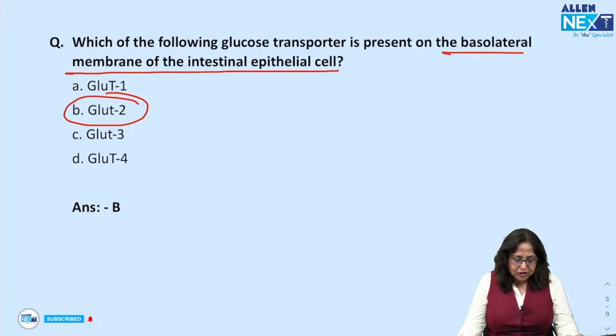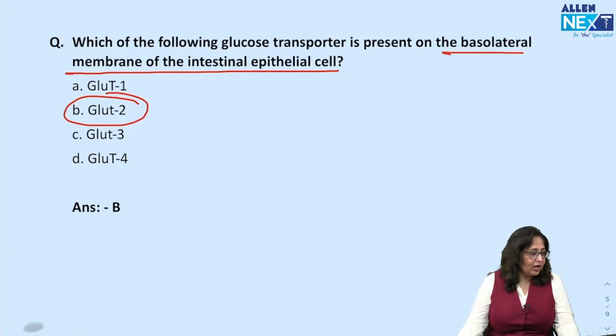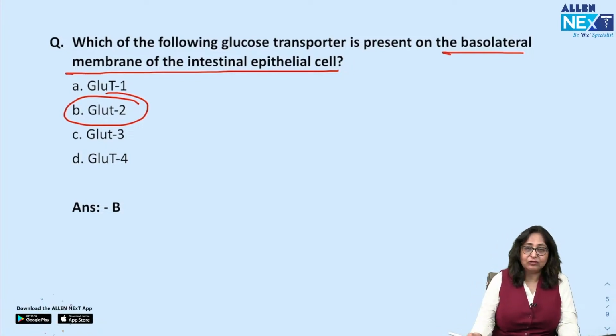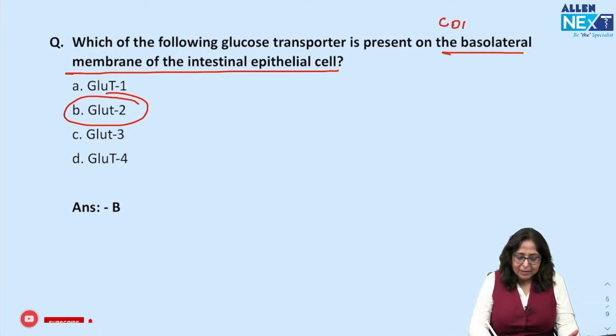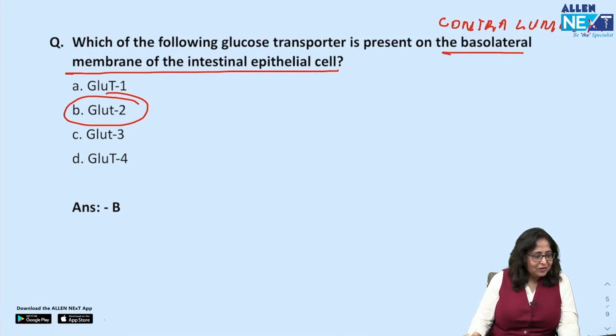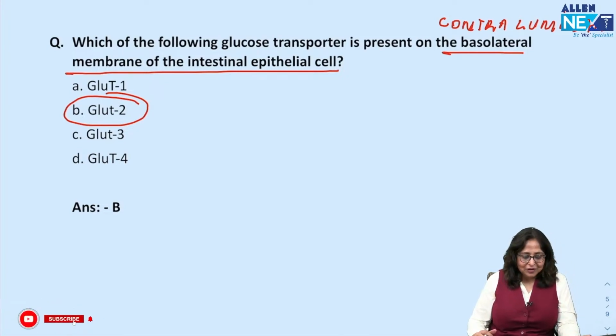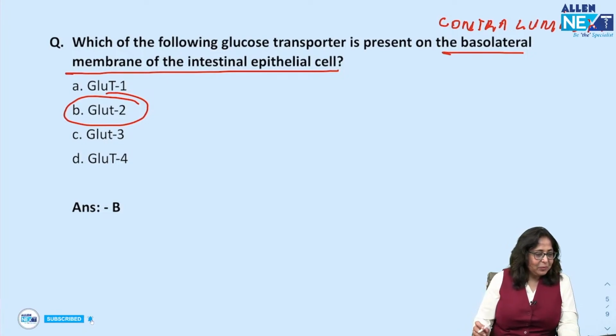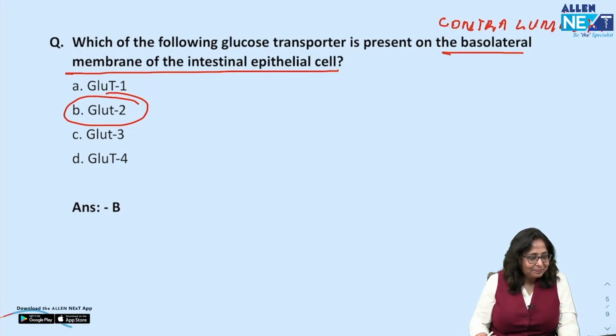If it says which is the glucose transporter present on the basolateral membrane, or also sometimes called the contraluminal membrane, that means opposite to the luminal membrane, and that will be GLUT2. If one of you could tell me which was the version of the question, the first one or this one, then probably we will be in a better place.